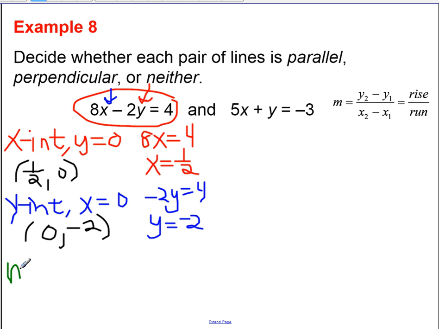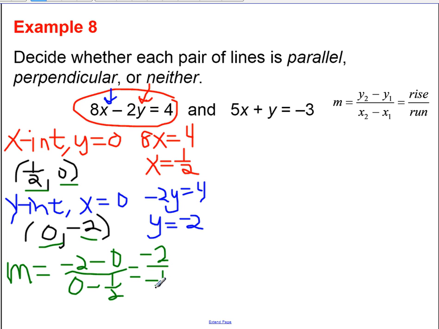The slope of this line is your y2 minus your y1 divided by your x2 minus your x1, which is -2 over -1/2. So when we simplify this, we get -2 divided by -1/2. And remember that when you divide by a fraction, it's the same thing as multiplying by the reciprocal.